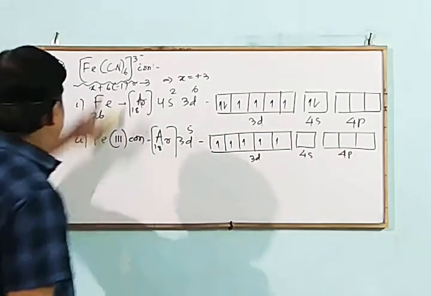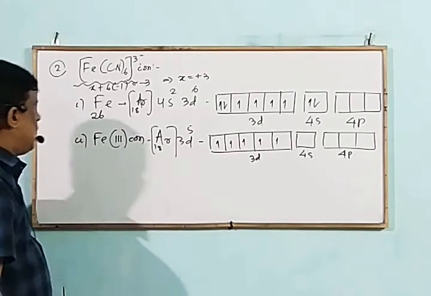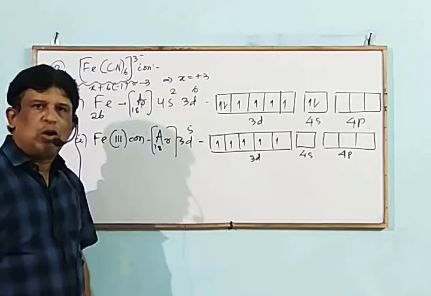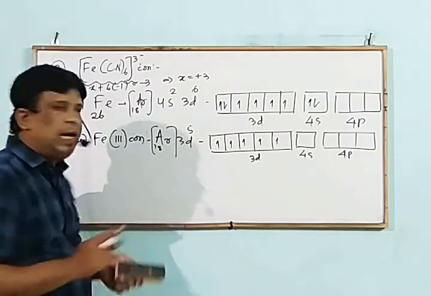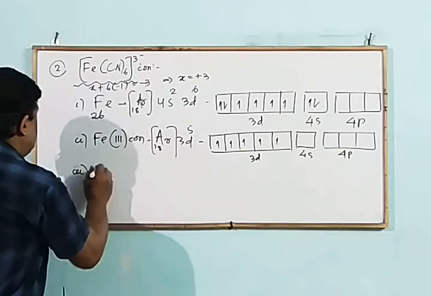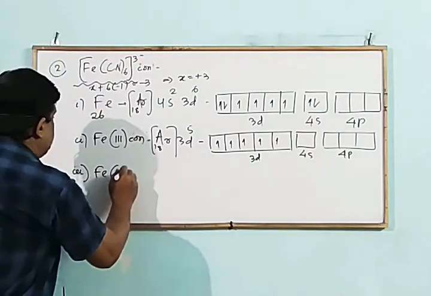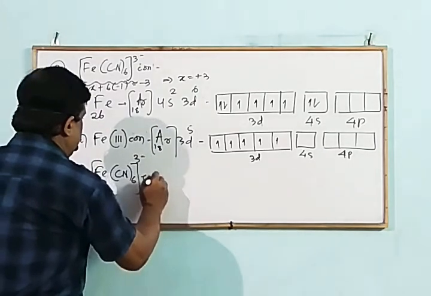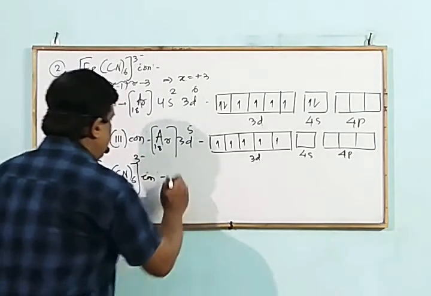From the formula it is clear that cyanide ion is a strong field ligand. So in the presence of a strong field ligand, the unpaired electrons get paired up. So for the [Fe(CN)6]3- ion, what happened?